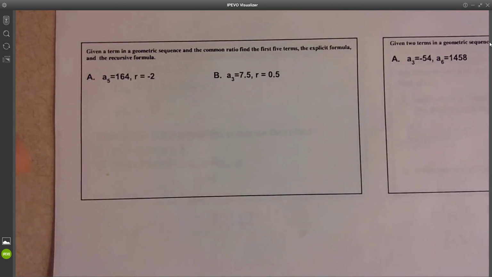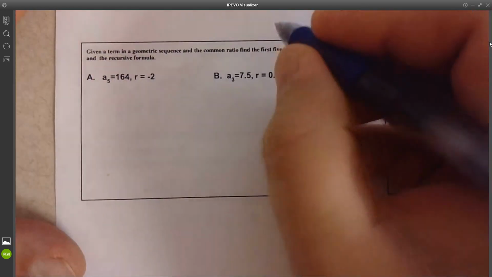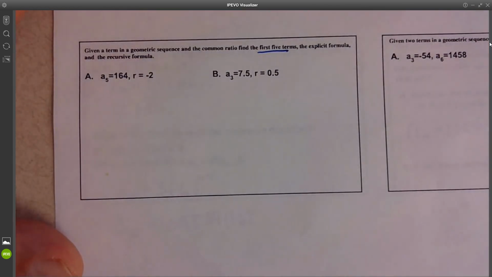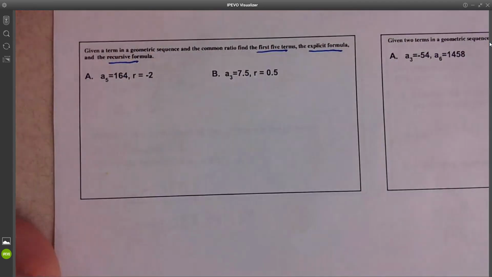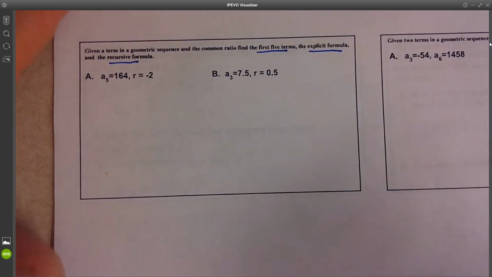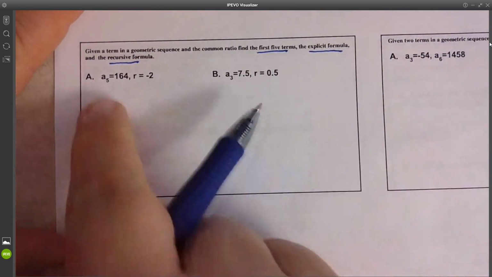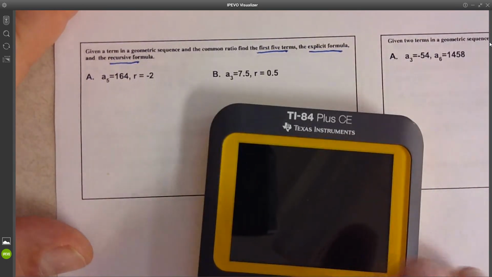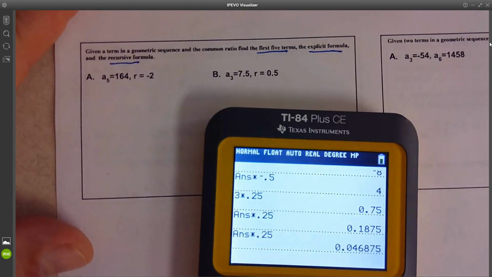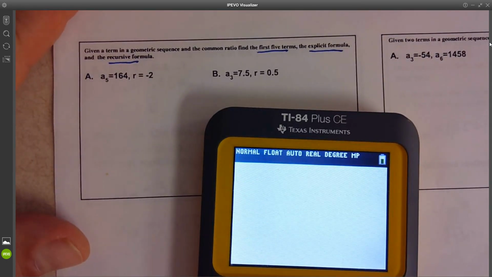Okay. Given the terms of a geometric sequence and the common ratio, find the first 5 terms, the explicit formula, oh my goodness, and the recursive formula. This is a lot. Okay. So the first 5, and we started at the 5th term. So we want to go backwards. We had some problems with this last time.